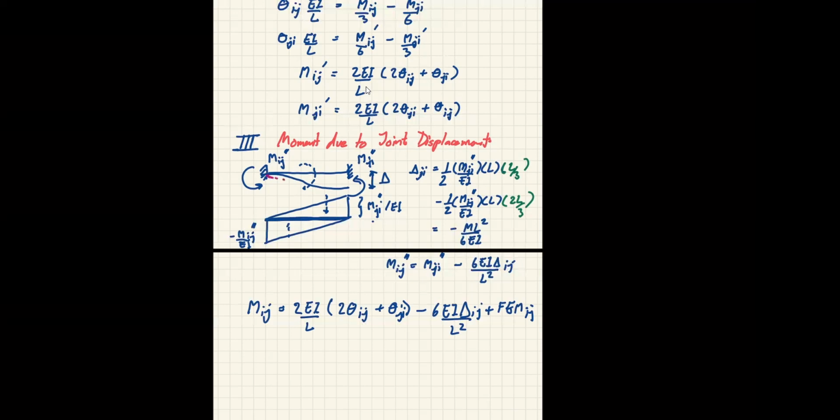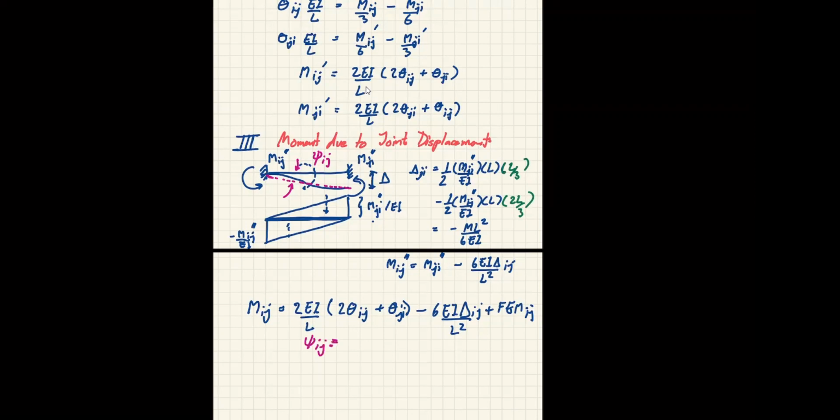Now we can do some rearranging, and by saying that if I measure this rotation, look carefully, okay? If I draw the line from this to connect with that, this angle is psi angle. So this is not the joint rotation. It's not zeta ij. It is psi ij, and this psi is equal to delta.